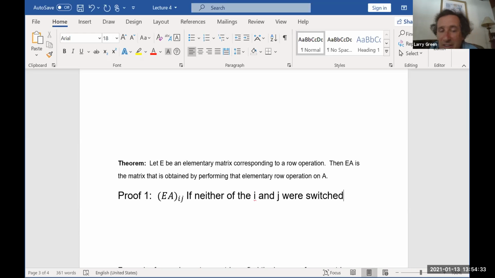Remember, the identity doesn't change anything. Do you remember that? So that's just going to be AIJ. So then we get AIJ.